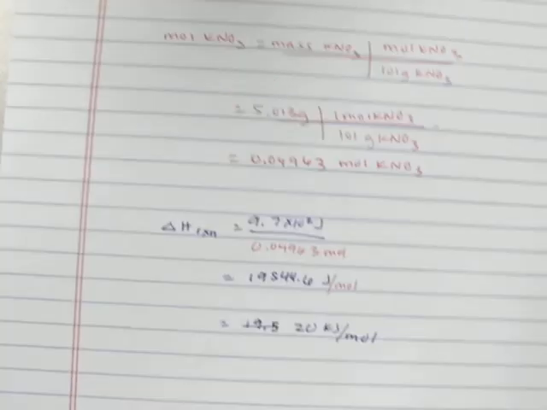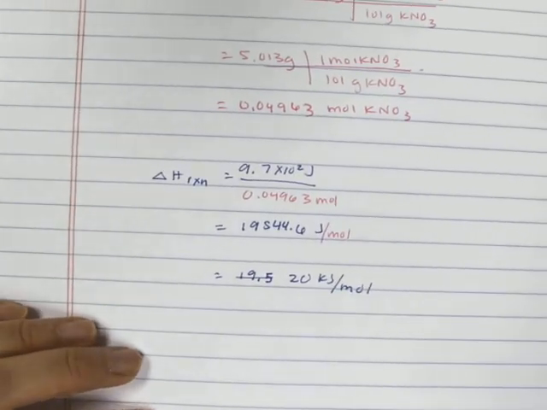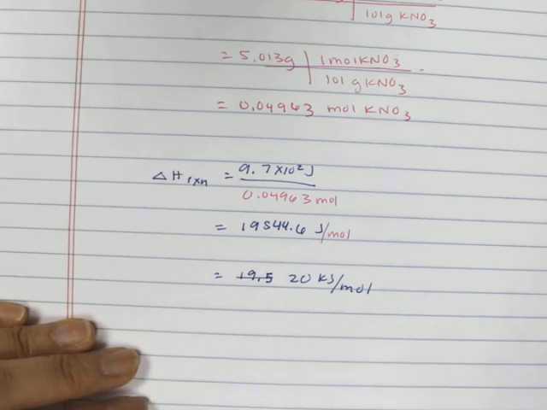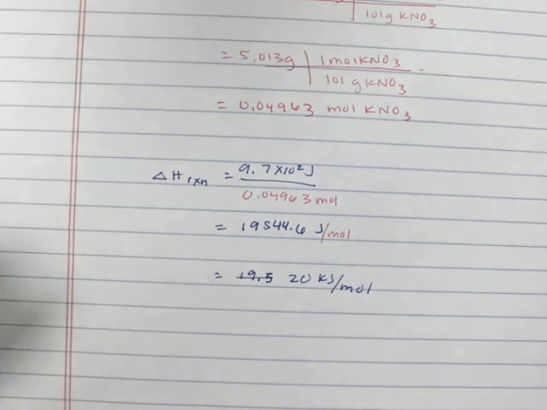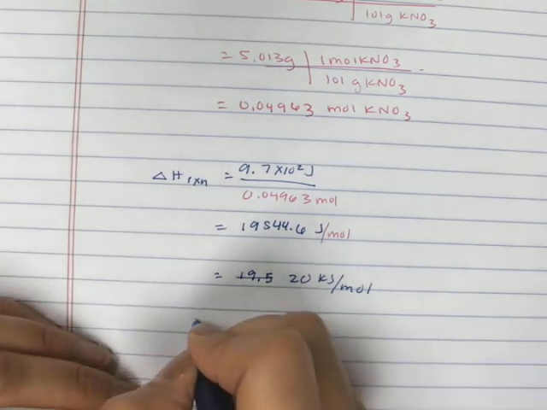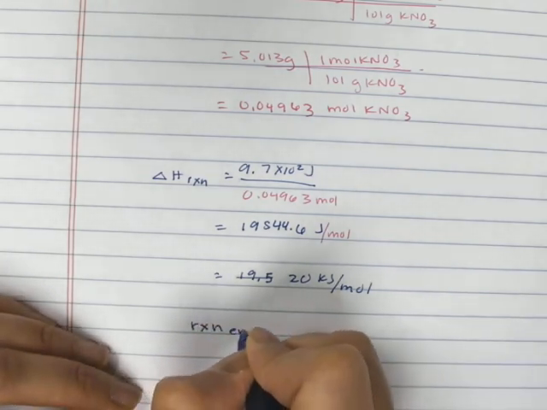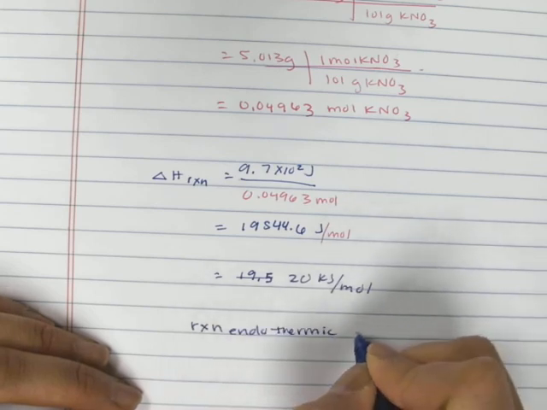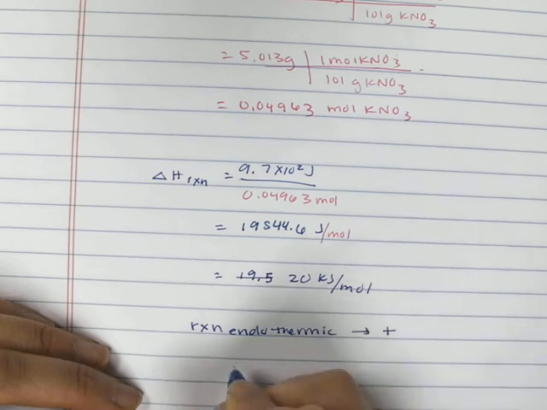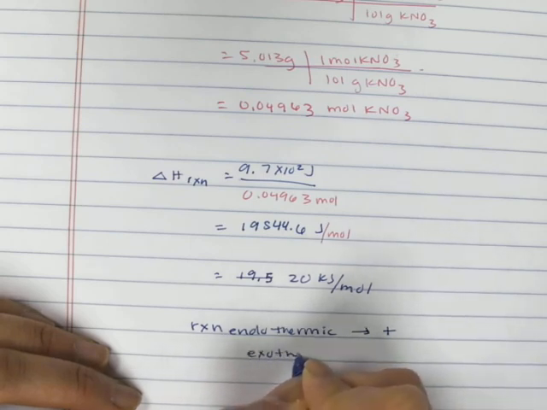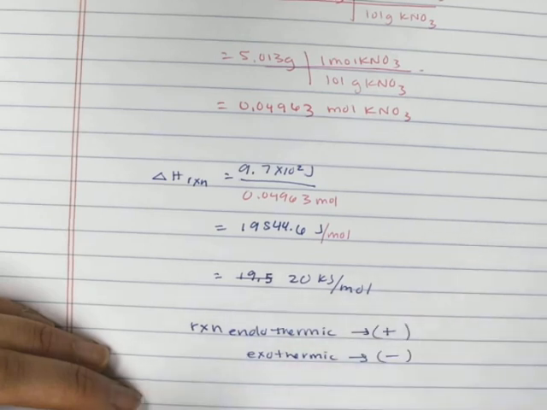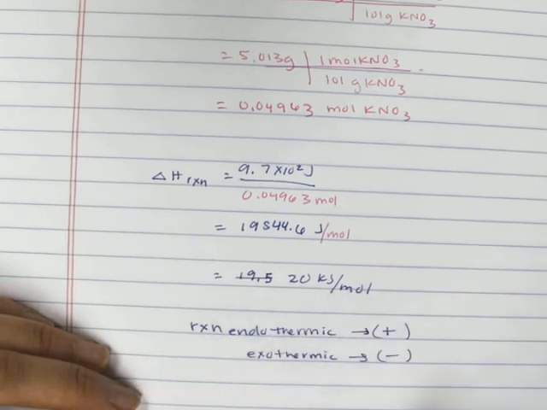And it'll round to 20 kilojoules per mole. So that is how you do the reactions for the salt. If the reaction is endothermic, your value should be positive. If it's exothermic, it should be negative. So this one was endothermic, it got colder, so it should be positive.